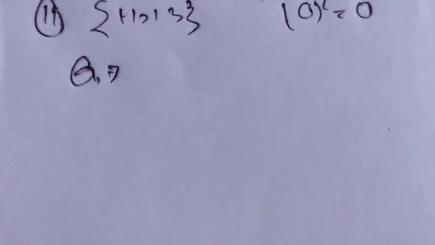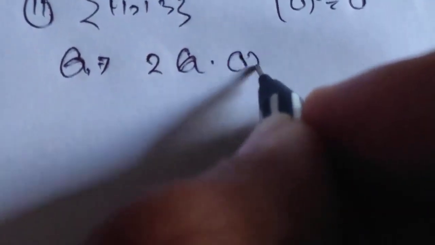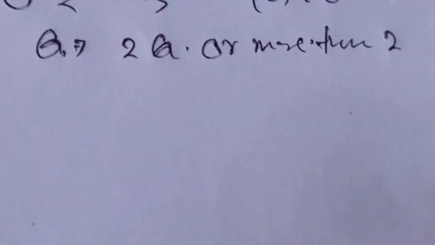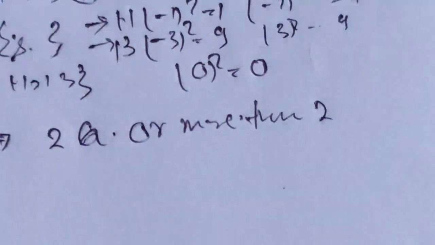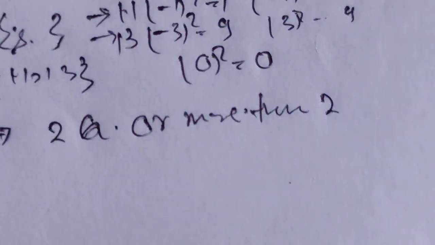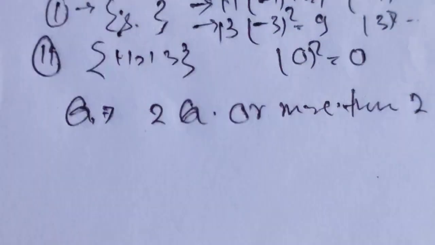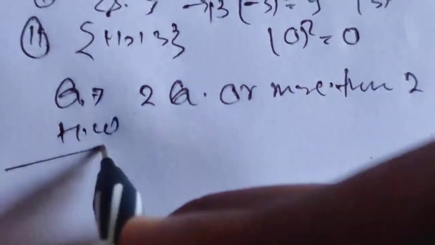If you understand, please make 2 questions, or more than 2, using your own creation. If you understand the concept of roster form, make your own questions. This is your second homework.